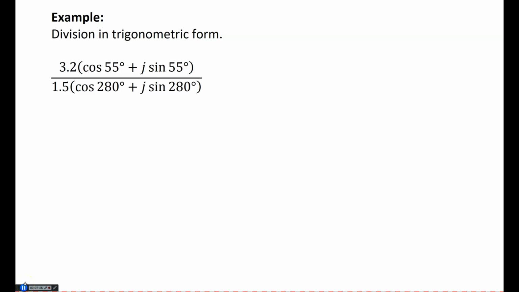So here's an example of division in the trigonometric form. Take note, it is trigonometric form because we have r cos theta plus j sine theta divided by the same form, r cos theta plus j sine theta. So what is it we need to do? Well, remember that we divide the r's, 3.2 divided by 1.5. We will keep it in the trigonometric form. This will be cosine of some angle.